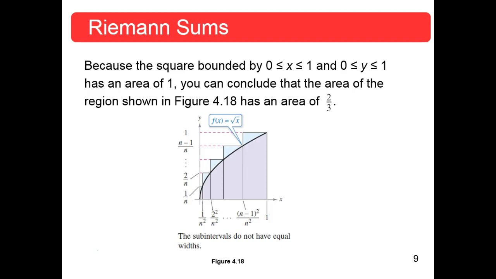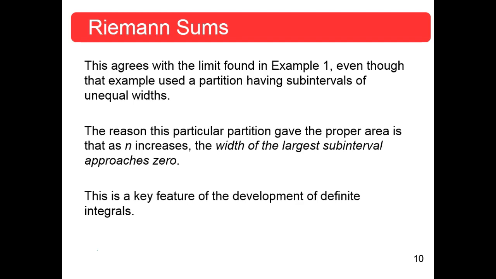And you got those by uneven intervals because it made the problem work easier that way. Okay, this agrees with the limit found in example 1, even though that example used a partition having unequal widths. The reason that particular partition gave the proper area is that as n increases, the width of the largest subinterval also approaches 0.